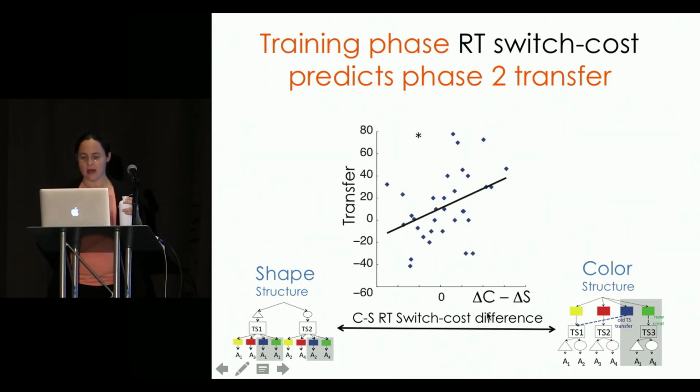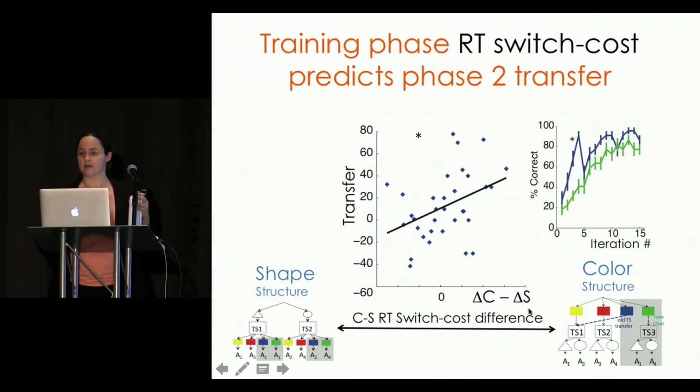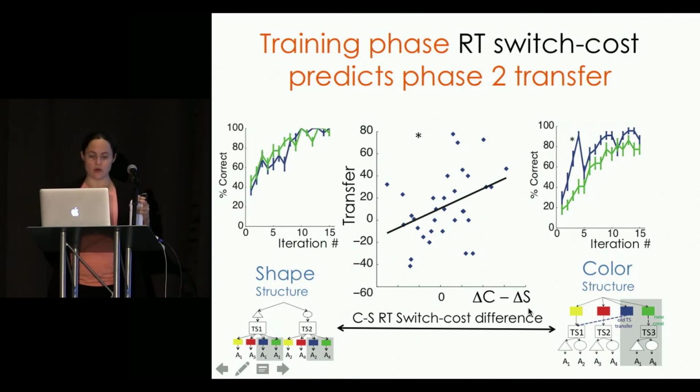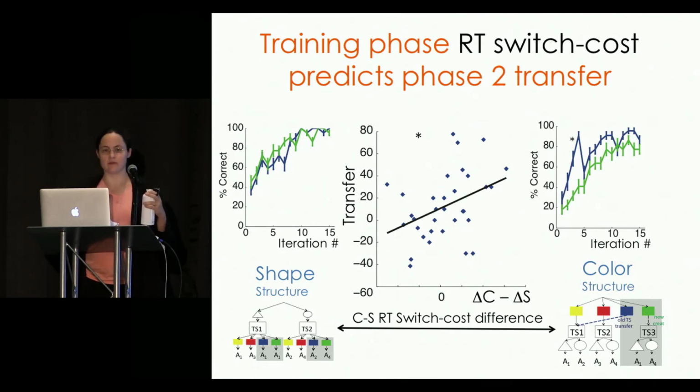Participants who had higher color than shape switch cost showed very strong transfer, whereas the ones who had higher shape than color switch cost showed no transfer. So that showed that participants were all structuring this task hierarchically, even though in this case it was not forced by the temporal nature of the task or by any way of simplifying the task.